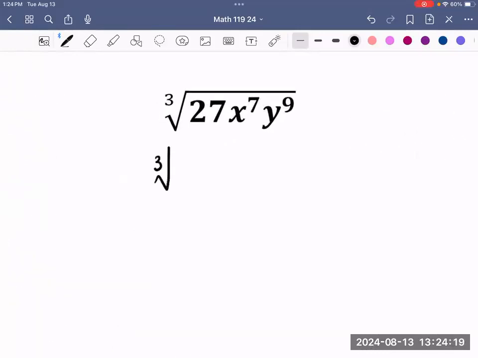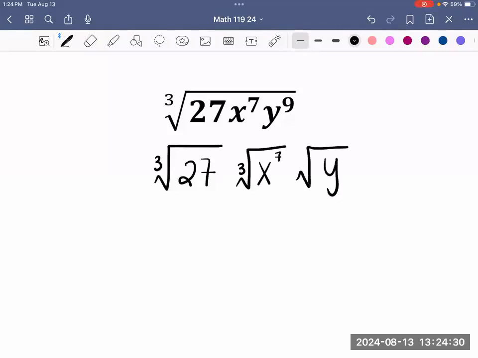All right, 3 times the cubed root of 27, the cubed root of x to the 7th, and the cubed root of y to the 9th. So again, evaluating them separately. This one is already a perfect cube, 3 times 9, 3 times 3. So we got 3 of these 3's. X to the 7 over 3, let's make that a mixed number. So how many 3's can go into 7?